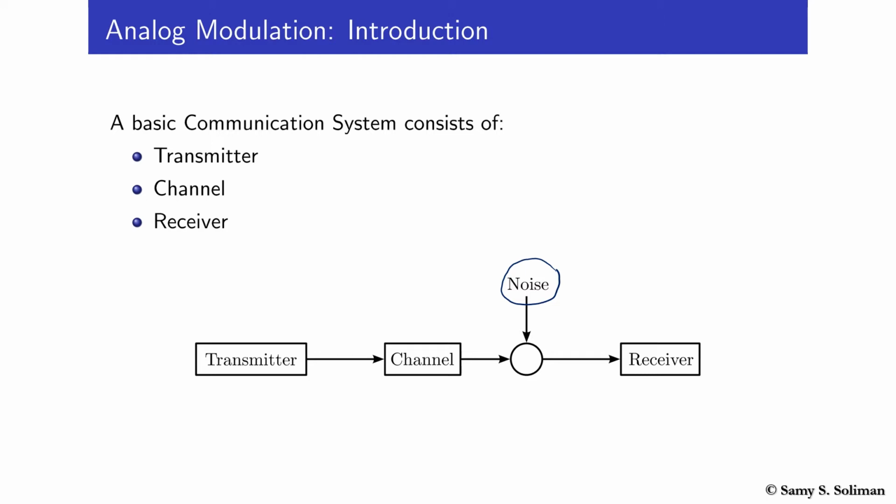And the main task of the receiver is to extract the exact information from the noisy version of the received signal. So again, the main purpose of a communication system is the transfer of information that is known at the transmitter and unknown at the receiver, and the receiver's task is to discover what is the exact information it is receiving.